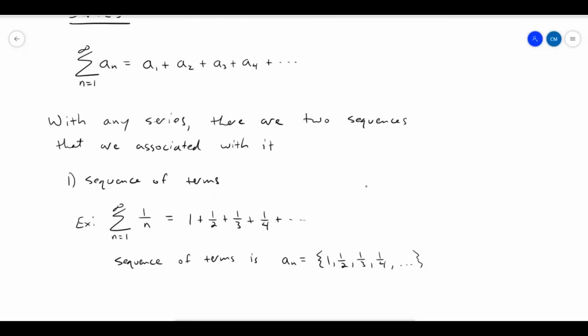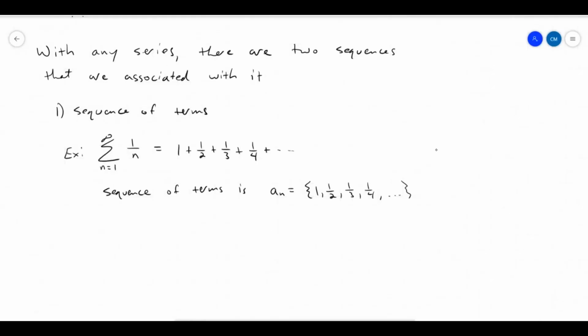Well, the series takes all those terms and adds them all together, right? But the sequence by itself is not adding them together. It's just listing them. You see, I just have commas between them, right? So basically, the sequence that's associated with that series is just the list of the terms that are being added together, not actually adding them. It's just listing them. You see what I'm saying? That's one of the sequences that is associated with any series, with this particular series in this case. What is the other one that is associated with this particular series?